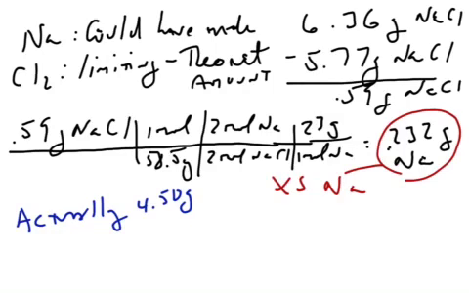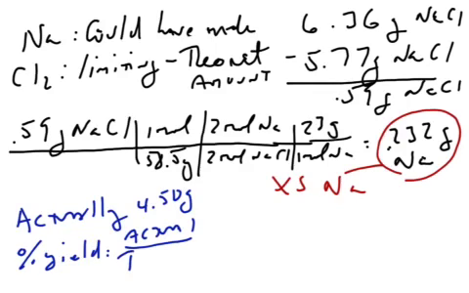So to calculate this thing called a percent yield, I take the actual amount over the theoretical amount, and that's times 100. Remember, theoretical is how much I calculated I would have gotten. So I look at my values, it says I actually got 4.50.